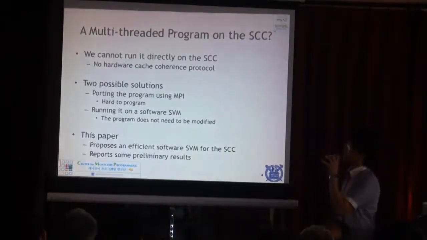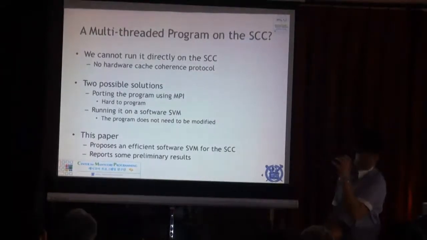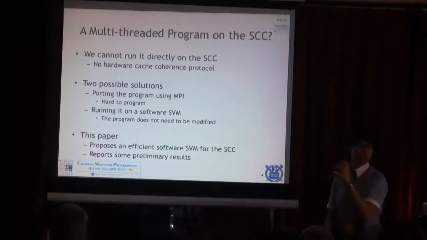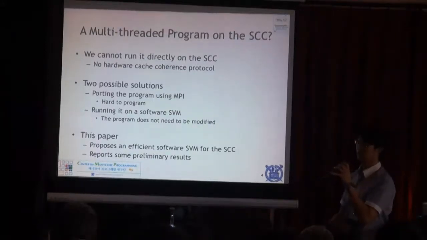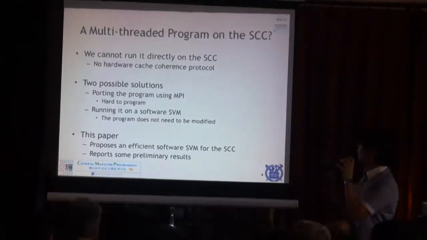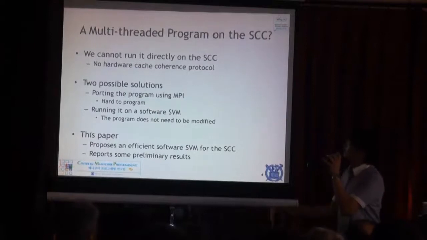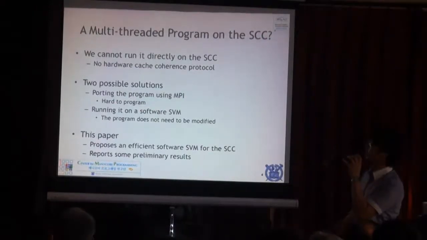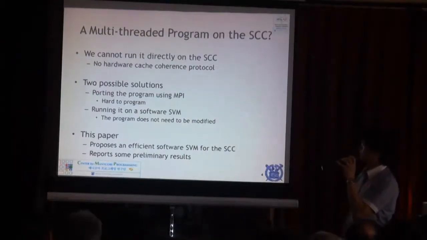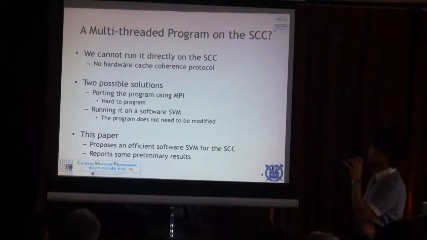Let's think about how to run a multi-threaded program on the system. We cannot run it directly on the SCC because there is no hardware cache coherence protocol. So we can think of two possible solutions.